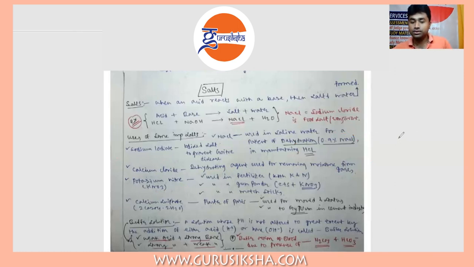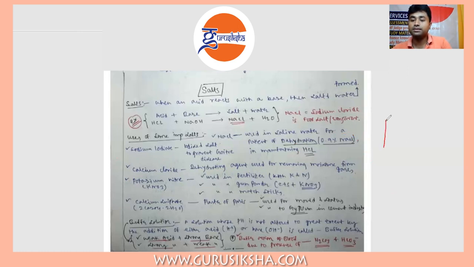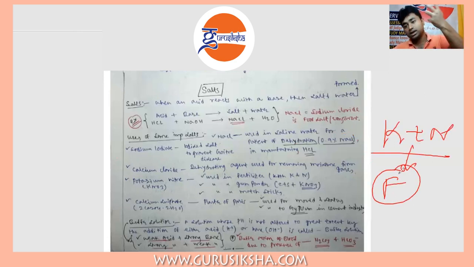To make this fertilizer, we use potassium as well as nitrogen together. Together, potassium plus nitrogen make fertilizer, which enhances the growth of vegetables in the land.